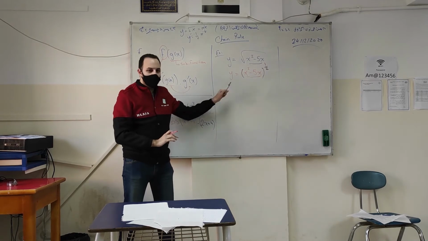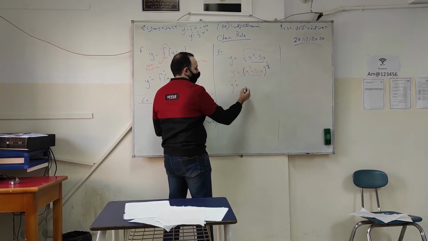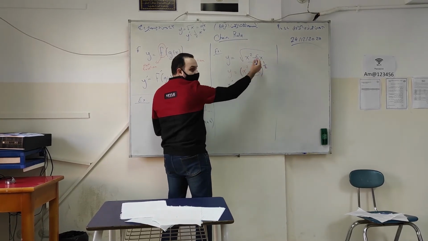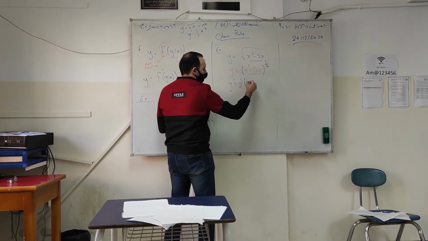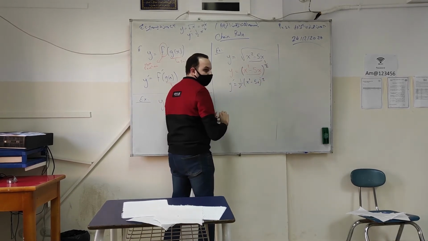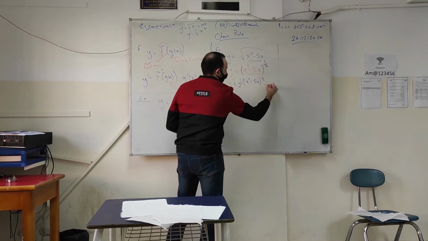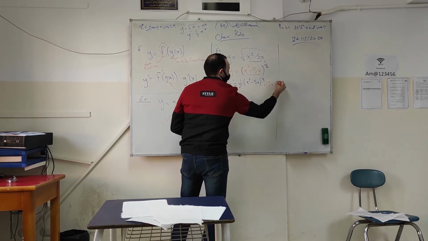How can we differentiate this? Y dash equals 1 over 2, and then the bracket stays as it is, power negative half, times the differentiation of the subfunction, 2x minus 5.